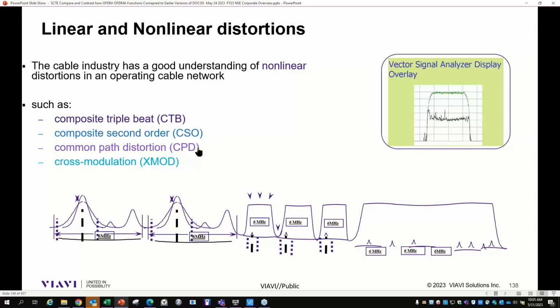This anomaly is generally visually seen on the upstream, but now that it's all digital, you start to see humps as opposed to the 6 megahertz carrier that we've seen from the traditional video carrier itself. So that has changed. Now that the OFDM carrier is being implemented, what does common path look like, as an example? Now that it's a much more broadband type of carrier, we still have it in today's networks.